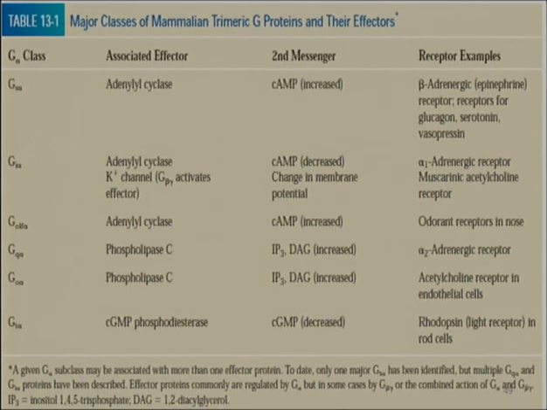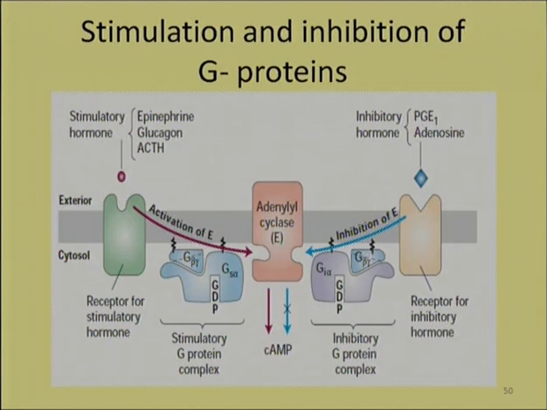Similarly, G olf, the olfactory receptors are there, which will bring about the olfactory signals. In this particular diagram, we can see the stimulation and inhibition of the G proteins. In one case, it is being stimulated because the G alpha unit is Gs alpha, and on the right hand side you can see it is Gi alpha.